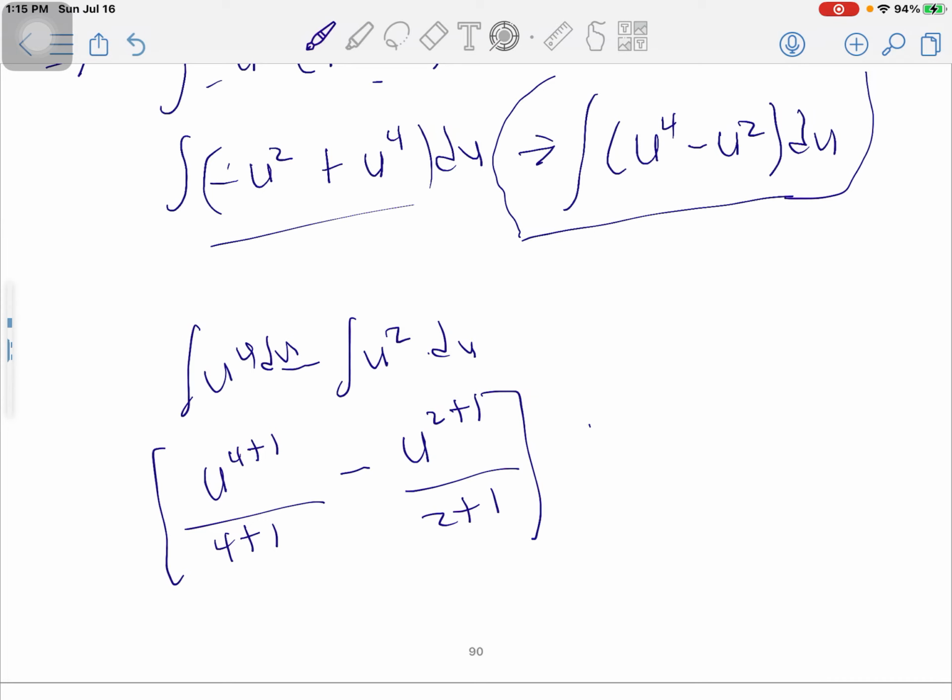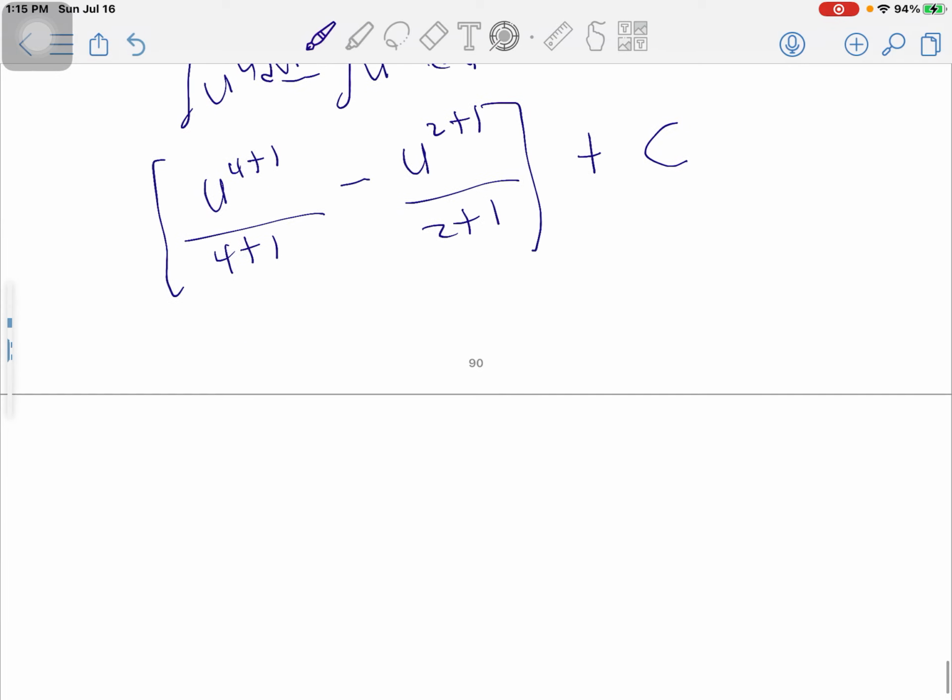And don't forget that this is an indefinite integral. So since it's an indefinite integral, we need to bring our arbitrary constant of integration, which is what? C. So in simplifying this, you are going to get 1 over 5 u power 5 minus 1 over 3 u power 3 plus c.